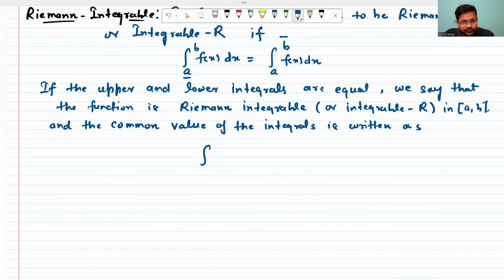This is simply the integral from a to b, called the integral value. So it is not the case that every function is Riemann integrable. It is Riemann integrable only if the lower Riemann integral is equal to the upper Riemann integral. I hope you understood the definition of the Riemann integration.